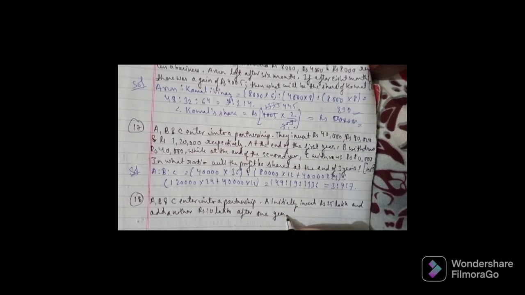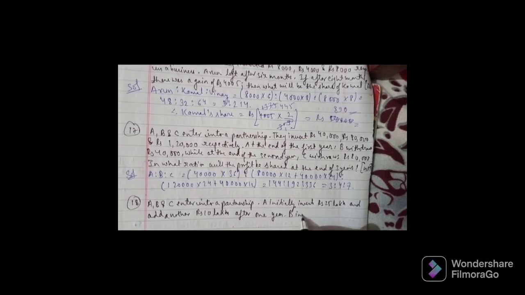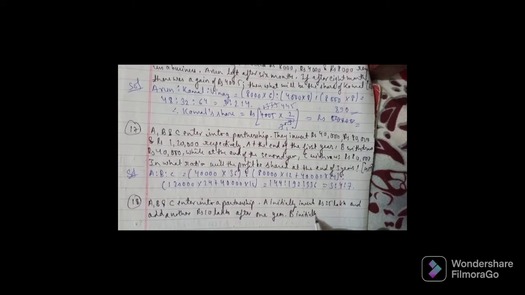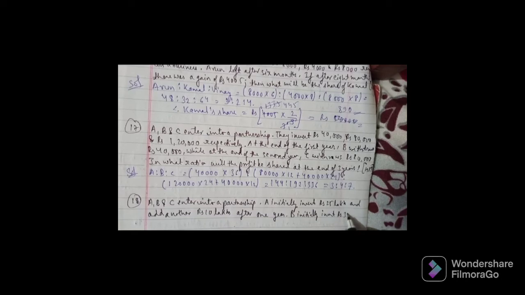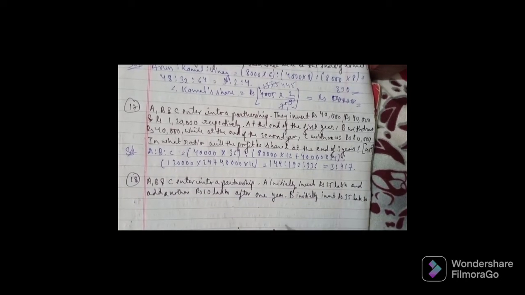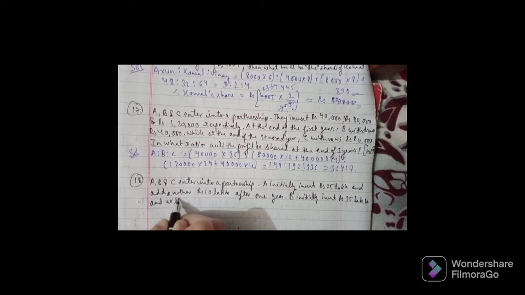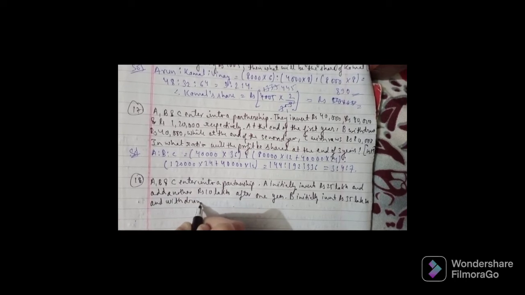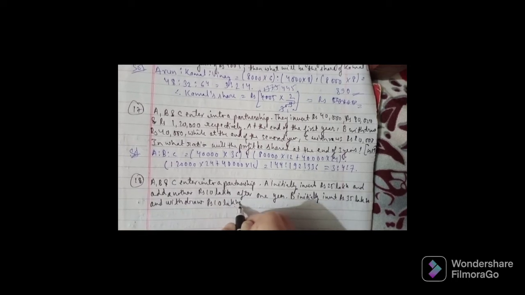B initially invests rupees 35 lakhs and withdraws rupees 10 lakhs after 2 years.